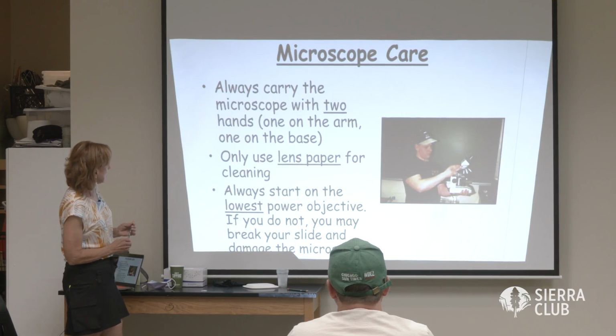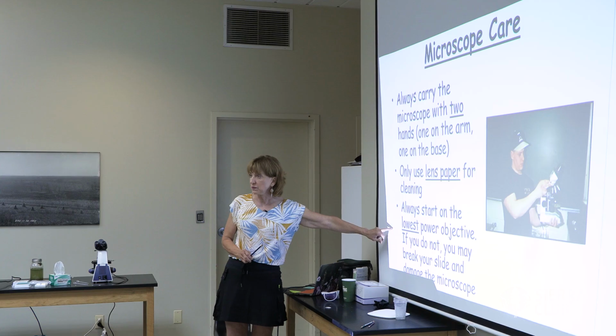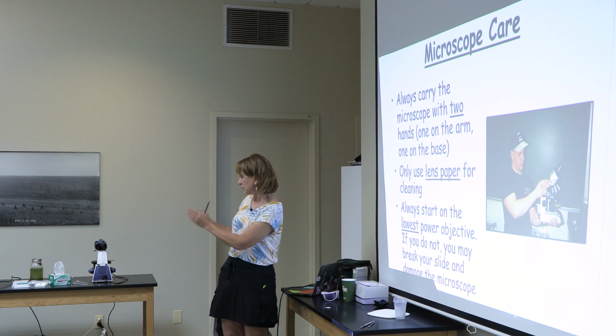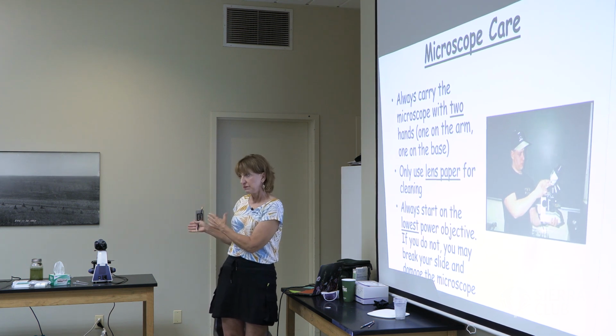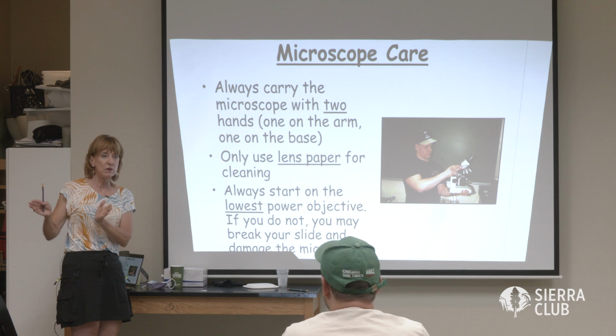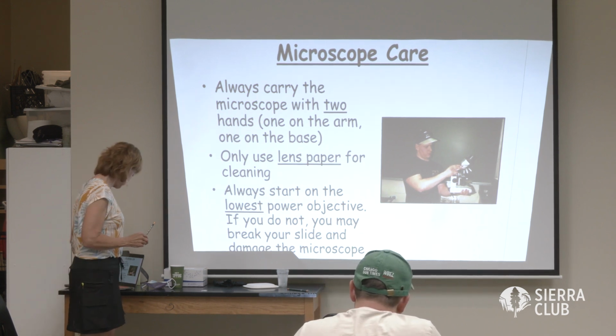Microscope care. We're not carrying our microscopes around. You're always going to start with your lowest power. These are both set on the lowest power. After you zoom in on your sample, you can go up to the next highest power, but that's probably as far as you need to go.